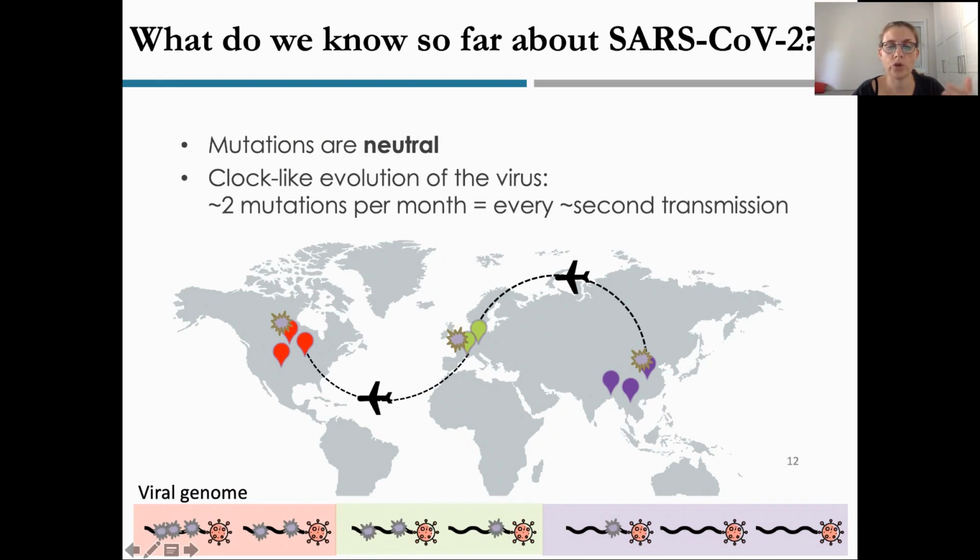Of course, we try to make these estimates based on as many mutations as possible. By now, when we sequence genomes, we see something like 20 mutations that separate the sequences in Israel from the sequence in China. When we performed the study back in April, we saw on average about 10 mutations separating genomes in Israel and genomes from Wuhan in China.